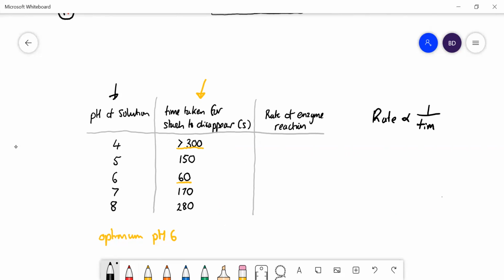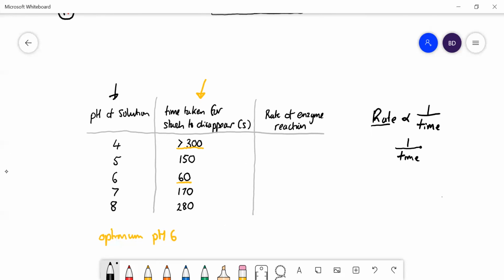So if the time is a very big number, then the rate is going to be a very small number, slow rate. If the time is a tiny number, the rate is very big, it's a fast rate of reaction. So what most people do here is use 1 over the time taken as a measure of the rate. So we'll say this one here, 1 over 150.